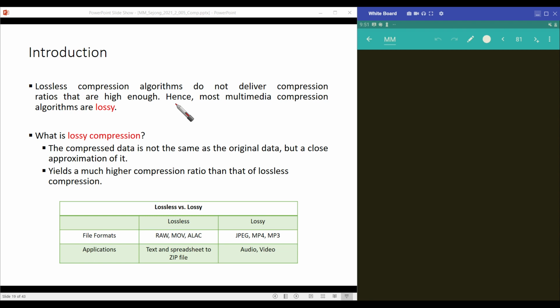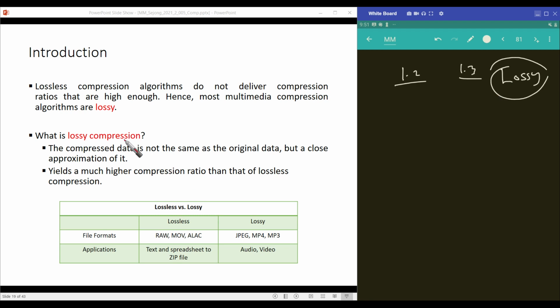Usually maybe 1.2, 1.3, this kind of compression ratio we have. Therefore, most multimedia applications basically require lossy compression, and that's the main focus in compression for multimedia.